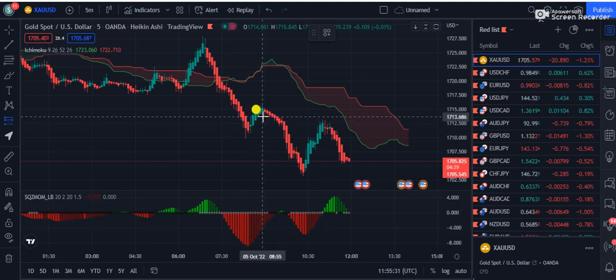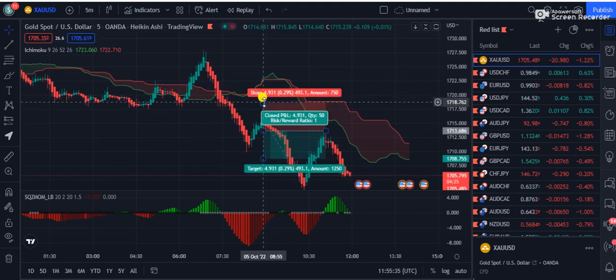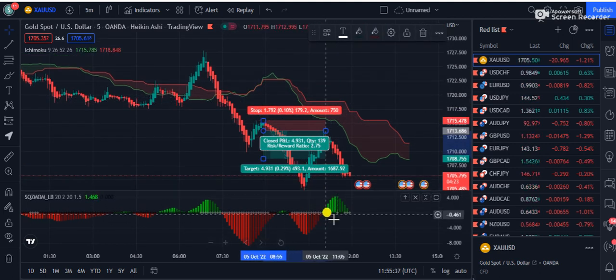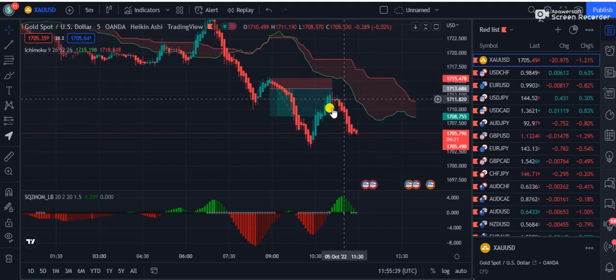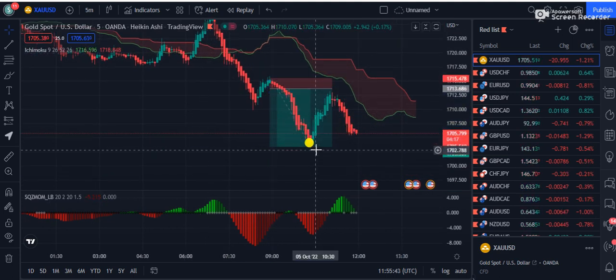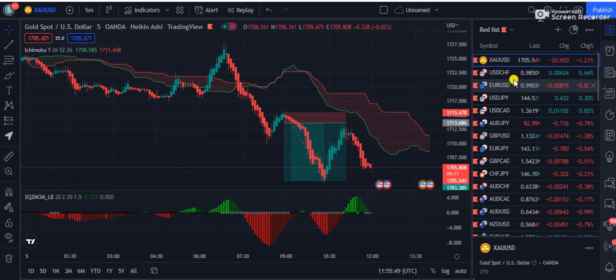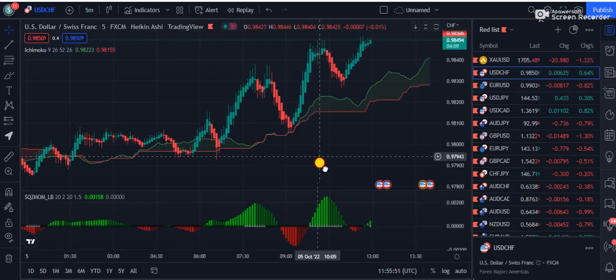Below the cloud you need to ignore the buy signals from the squeeze momentum. If you look at this trade, you were easily able to catch a 5.75 ratio. Let me find a better pair so that we can understand.